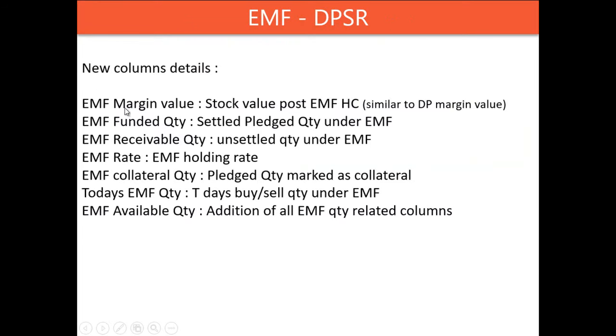It will show you EMF margin value, that is stock value post EMF, EMF funded quantity, EMF receivable quantity, EMF rate, EMF collateral quantity, that is the pledge collateral quantity, and today's EMF quantity if you have bought and sold the same stocks, and EMF available quantity, that is the total quantity which will reflect.